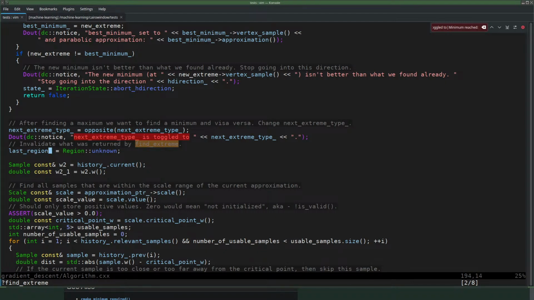Okay, I'm going to use big guns. Invalid.